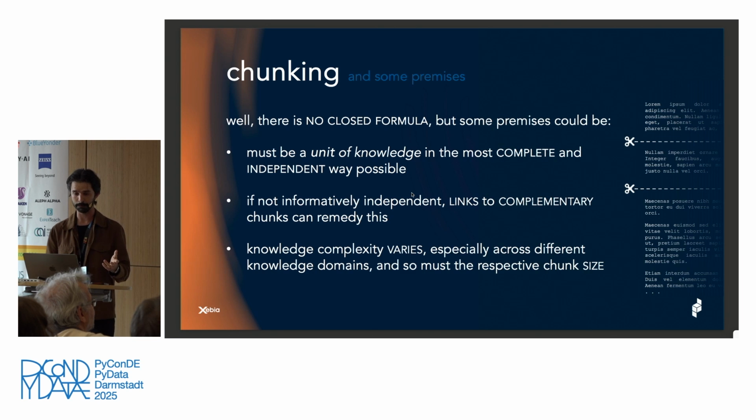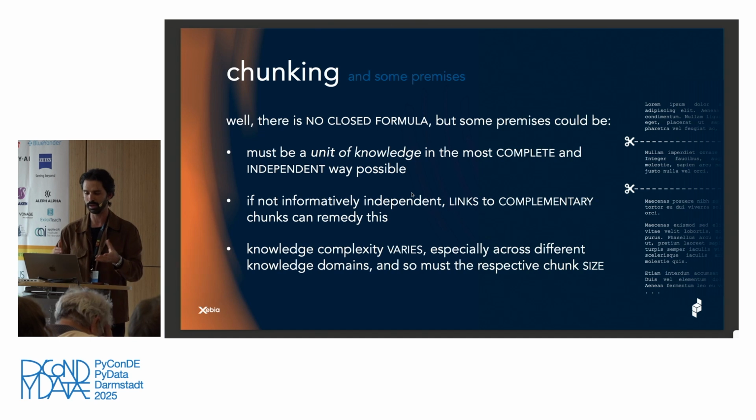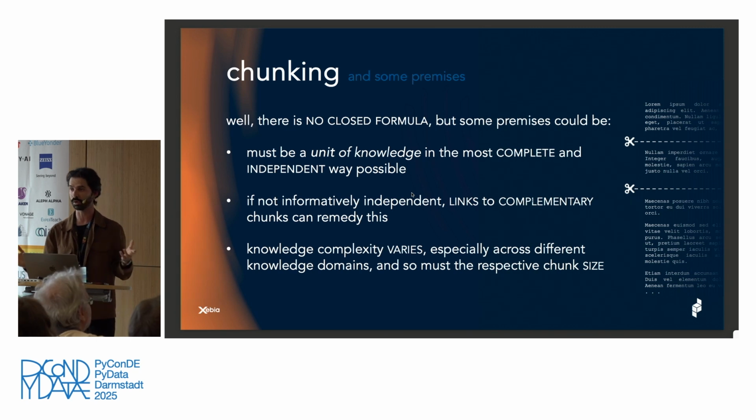So yeah, let's say the ideal chunk must have a complete scope, must be a unit of knowledge, which is as complete and independent as possible, right? So we have the whole scope of a whole piece of knowledge there. If that's not possible, because complexity varies, right?